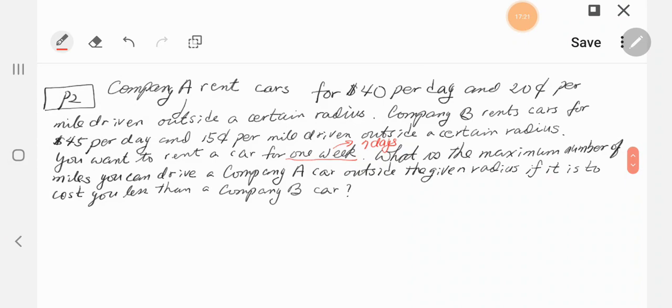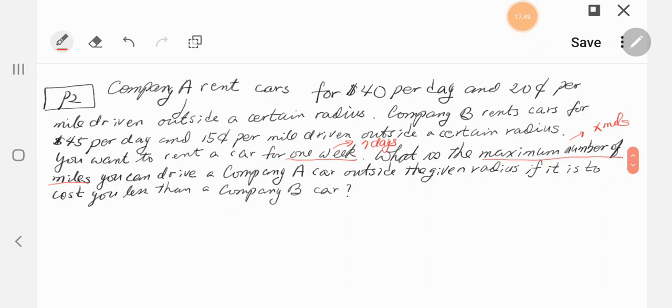So I want to rent a car from company A. Let's say I drive X miles.